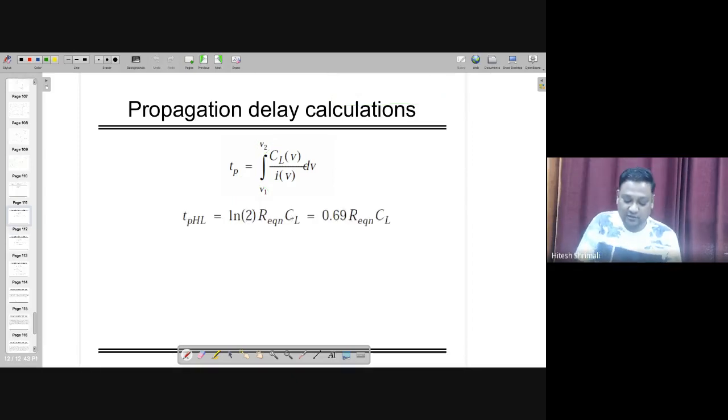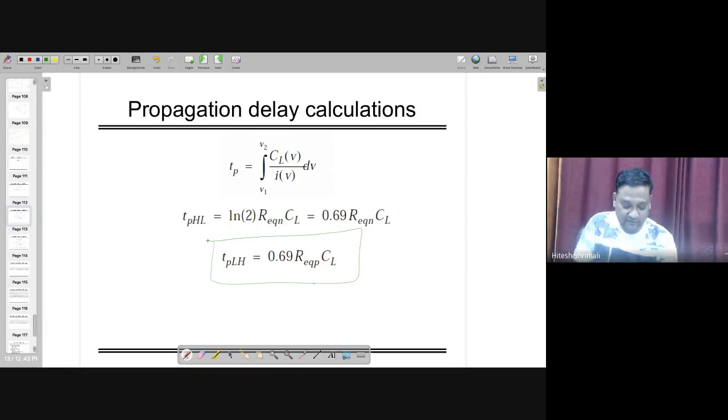If you are interested in 50%, you get ln 2 times R equivalent times CL, so it will be 0.69 times R times CL, and similarly you have propagation delay for high to low and for low to high.